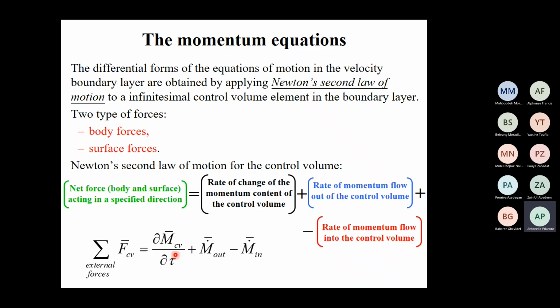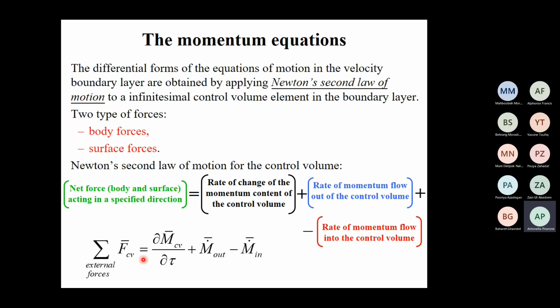What is the problem? It is correctly writing the forces, because the other terms are not so difficult to write. Which are the external forces that I have to consider? We have mainly two types of forces: the body forces and the surface forces.